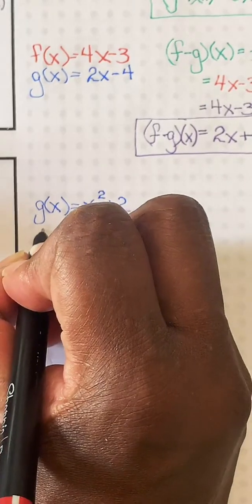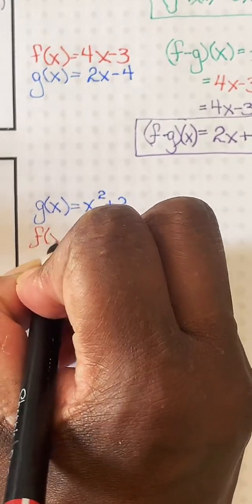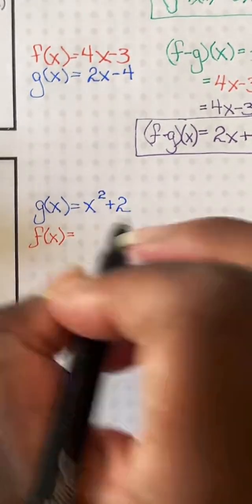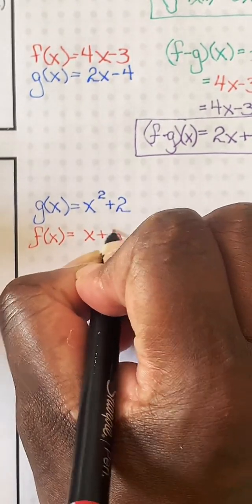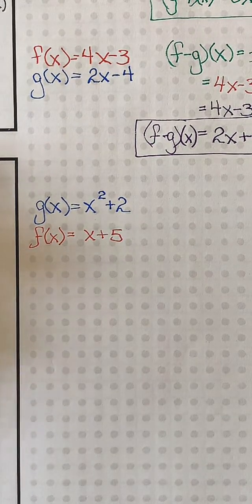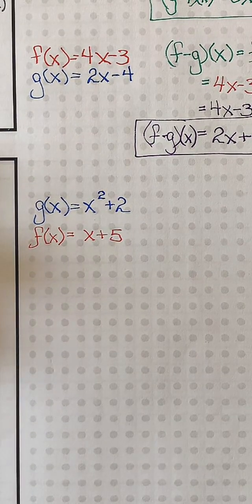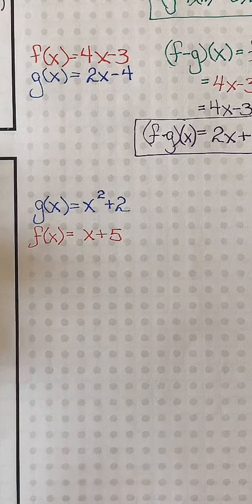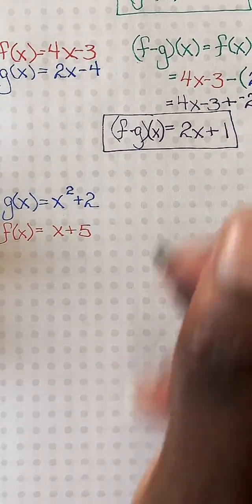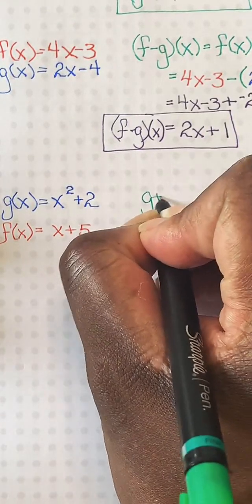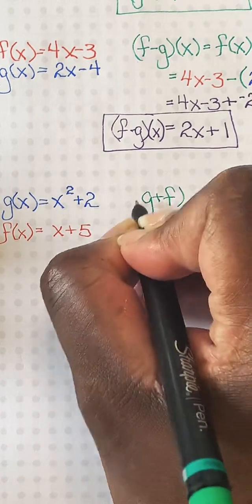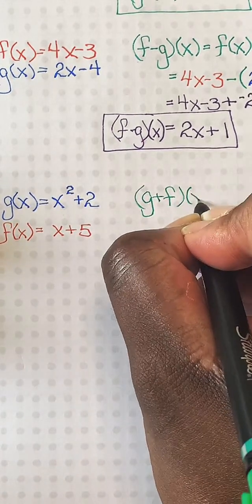And the f of x, got a little funky with the f, will be x plus 5. And what we are trying to do, I want to know what the g plus f of x represents.